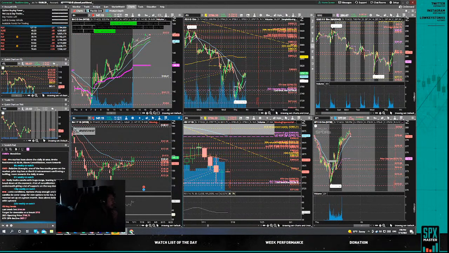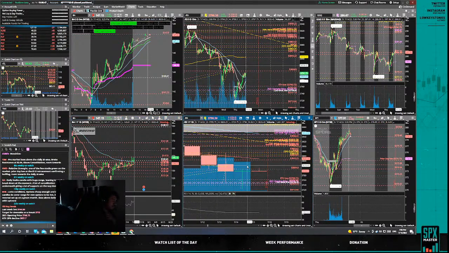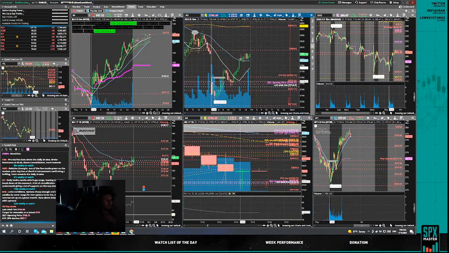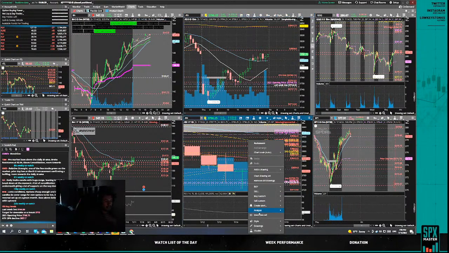A little too bright, actually, I see right there. SPY pays the bills. Nice. Myself, I shorted three times, two times successfully, and the third time was not successful. But I did it at key levels, so it was nice.